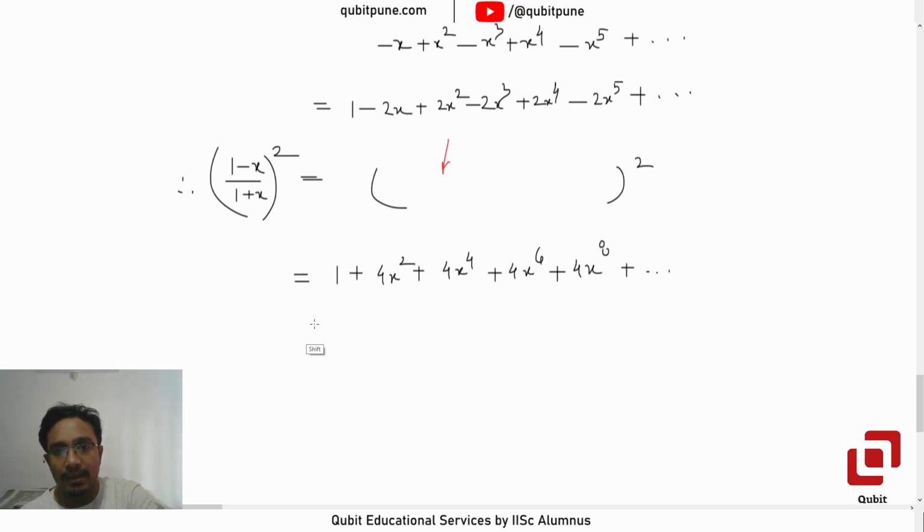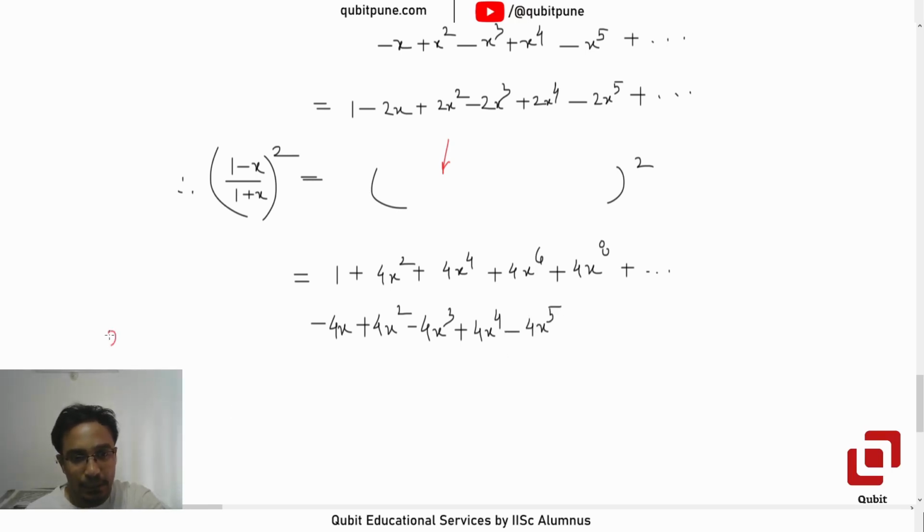So here it will be minus 4x, 2ab. Then 1 and 2x squared, so 4x squared. Then minus 4x cubed, then plus 4x raised to 4, and then minus 4x raised to 5.